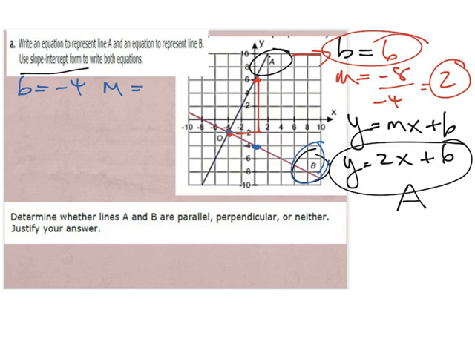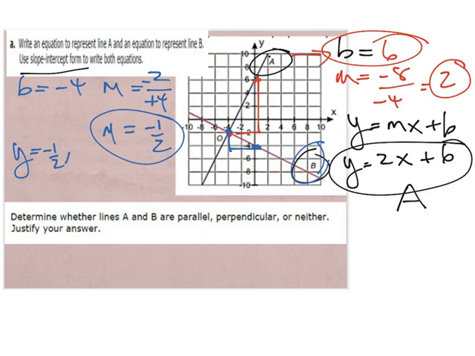To get from this point here, it's going to drop down, so negative 2 over a positive 4, which would get me a negative 1/2. So again, put the parts into y equals mx plus b. I get negative 1/2 x minus 4. And that is line B.